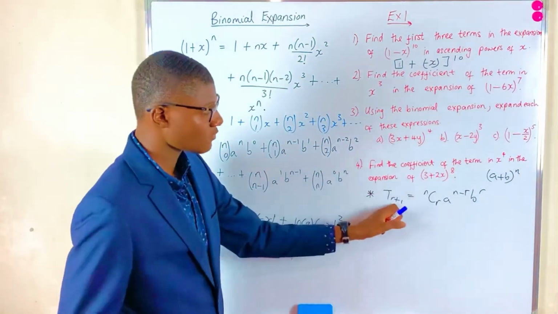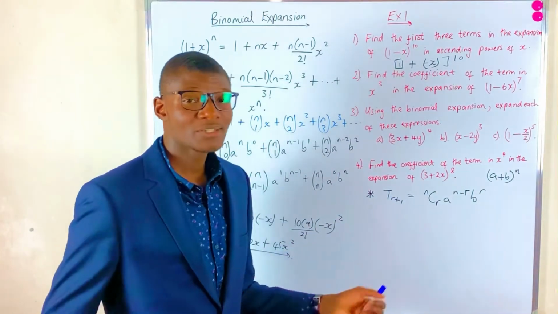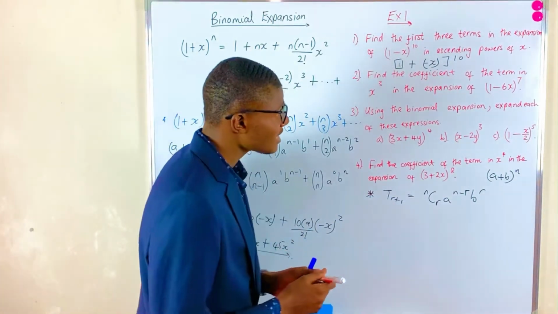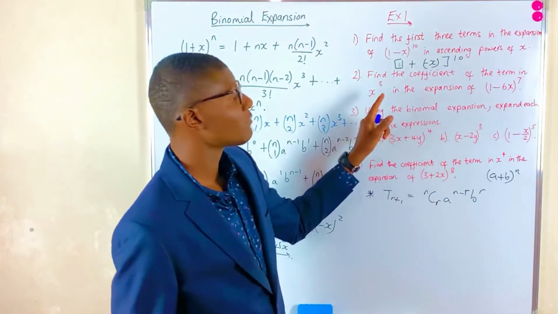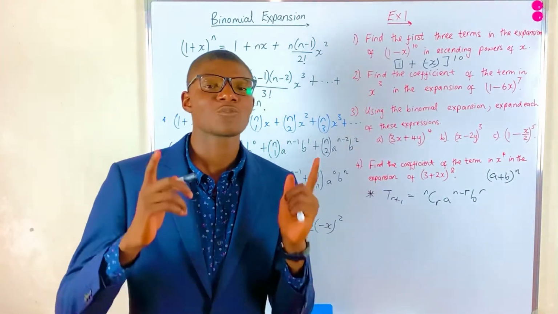Using this formula, if r is 3, then 3 plus 1 gives us 4, so the coefficient of the term in x to the power of 3 is in the fourth term.